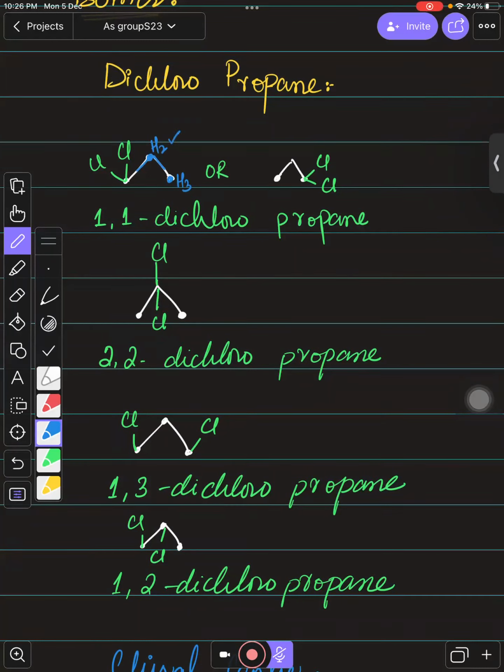Here we have 2 hydrogens together, 3 hydrogens the same, 2 chlorines the same, so it cannot show optical isomers. Again here there will be H2 and H3, so 3 identical atoms, these cannot show optical isomers. Here 2 chlorines are attached, it cannot show optical isomers. Here there will be 3 hydrogens, here 3 hydrogens, this also will not show optical isomers.